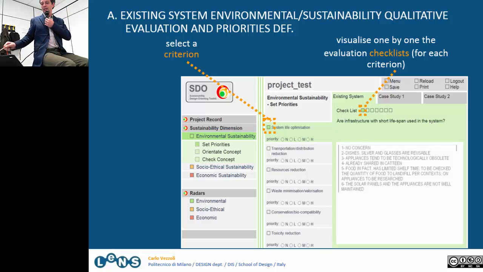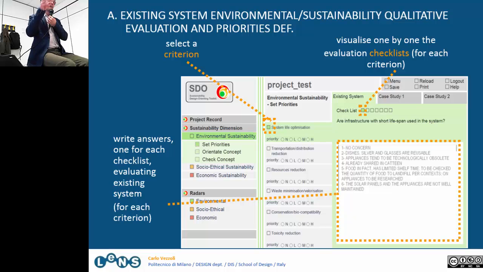Okay, so you can go from one checklist to the other. You have from maybe 3 to 7, 8 questions. It depends on the criteria. Okay, this helps you to understand, by giving the answer, whether there are problems or not.